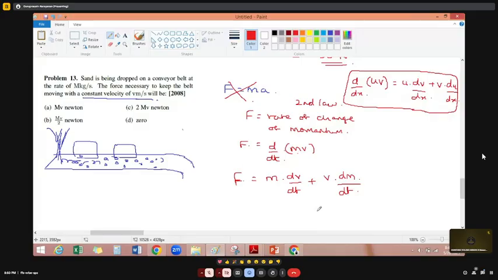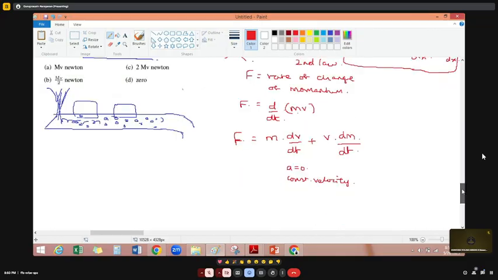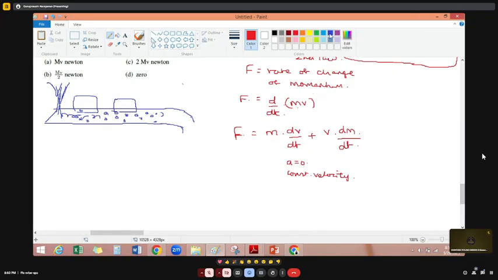Constant velocity means acceleration becomes zero. So that means the first term will become zero. So F is what is asked. So F is equal to v into dm by dt.